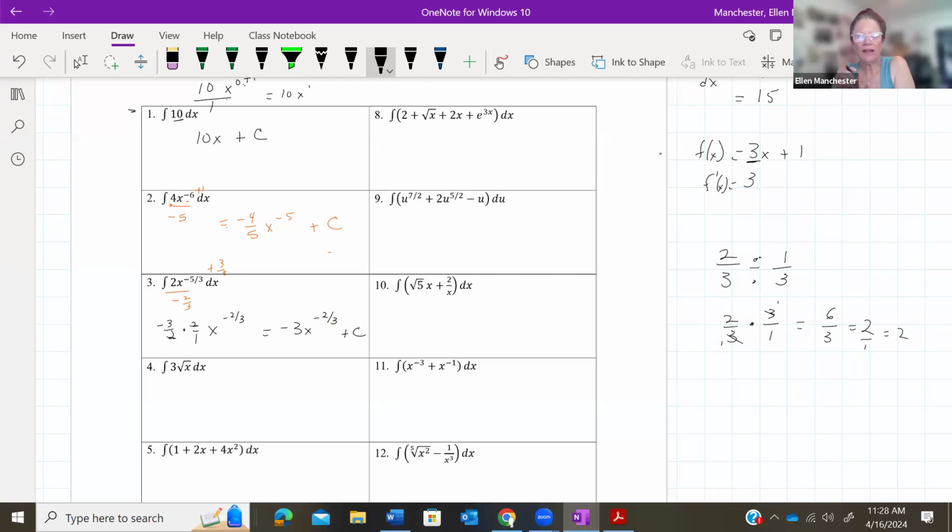Okay, so take a look at that. Make sure you're seeing what I'm doing and how I'm doing it. And if you don't, let me know. Now, obviously, you can use your calculator. If you're using the TI-30 like I have, and it doesn't change it to a fraction, or it gives you a decimal answer, you can change it back to a fraction just by using your shift table.